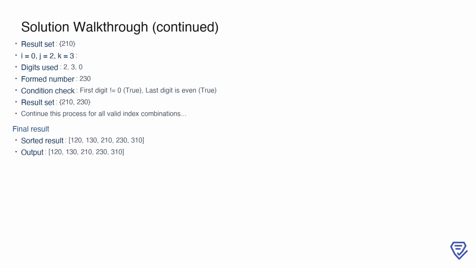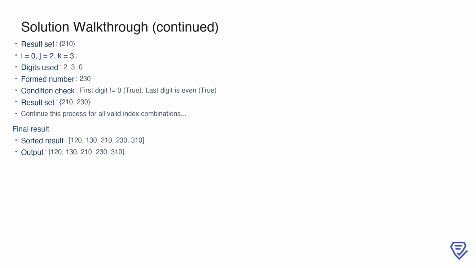Now, we continue generating permutations. For the combination where i equals 0, j equals 2, and k equals 3, the digits used are 2, 3, and 0, forming the number 230. Again, both conditions are satisfied since the first digit is not 0 and the last digit is even. Therefore, 230 is added to the result set, which now contains 210, 230.